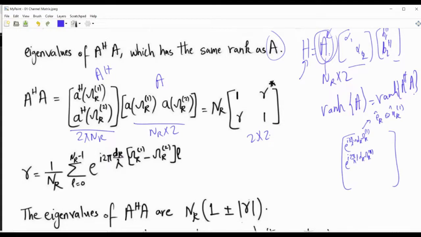So basically here you increase the index. So this is representative of the antenna.